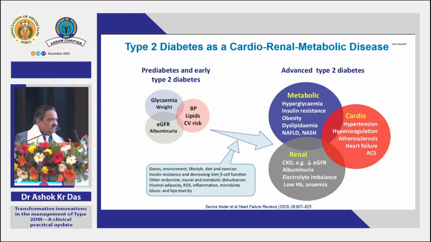So early diabetes or full-blown diabetes are centered around glycemia, weight; they have an equal amount of blood pressure rise and CV risk factors as diabetics. They have low eGFR and rising albumin. So they are on the same platform as type 2 diabetes, or I will say advanced type 2 diabetes, with hyperglycemia, IR, obesity, dyslipidemia, renal affection, and cardiac affection.